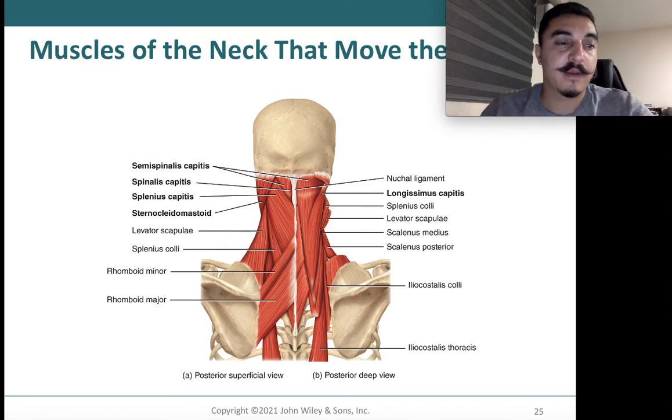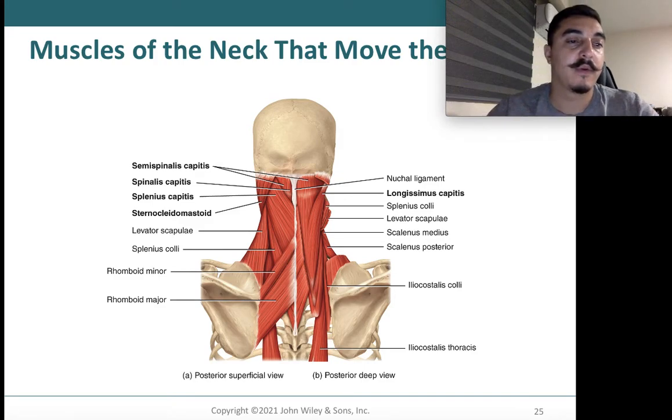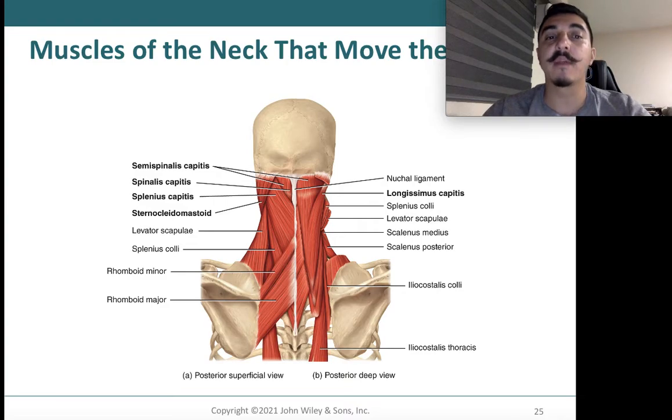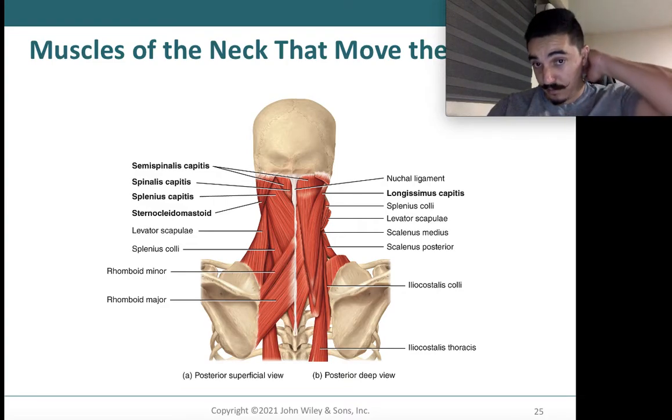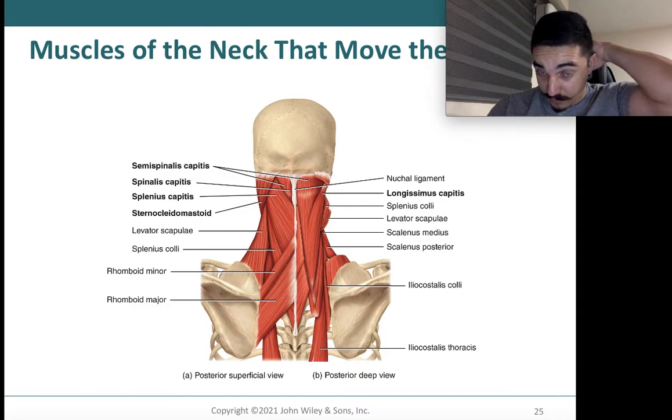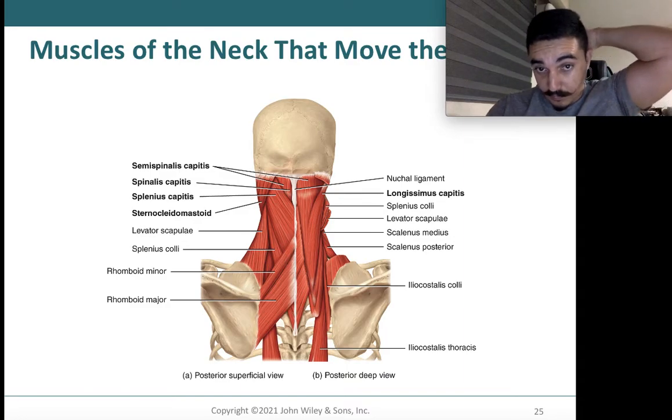The splenius capitis is going to help rotate the head as well, to the same side as the contracting muscle. The longissimus capitis also. They're all going to work together to move our head, kind of flex the way our contracting muscle is moving. And our spinalis capitis will extend our head. So maybe you feel that stretch in the back, in those muscles in the back of your neck.